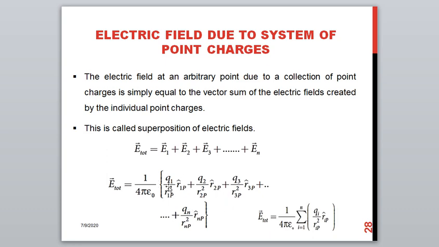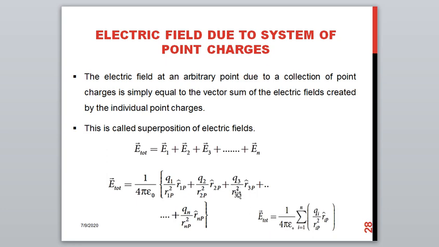K is simply a constant, and the value of K is 1 by 4 pi epsilon naught. As K is common everywhere, I am taking it out as common. E total is equal to 1 by 4 pi epsilon naught times q1 by r1 square into r1 cap plus q2 by r2 square into r2 cap plus q3 by r3 square into r3 cap.